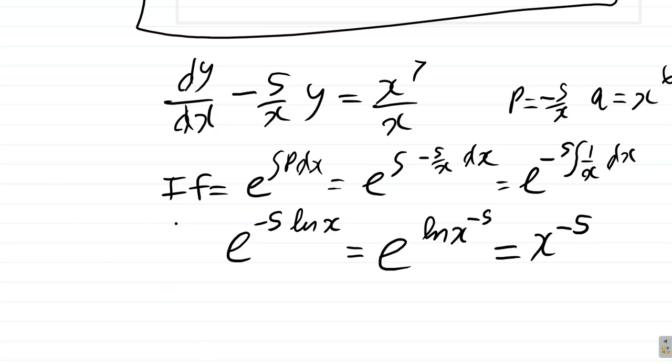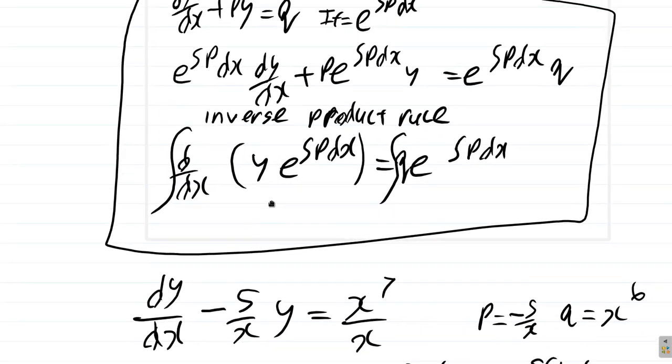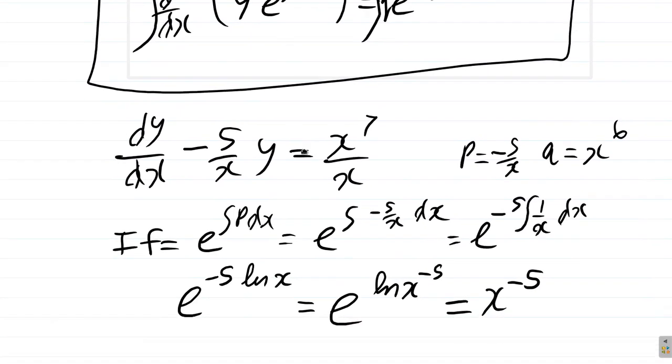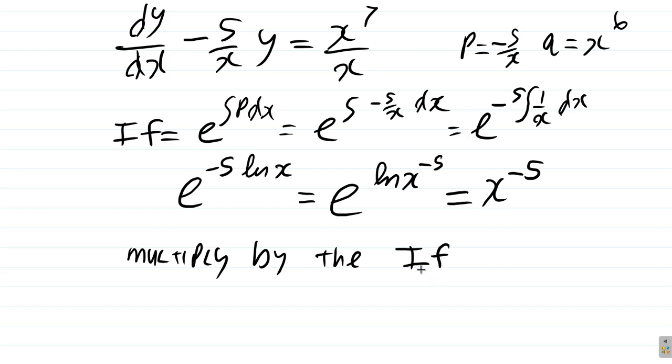Now, we multiply both sides by our integrating factor. So the next thing we do is multiply by the integrating factor.